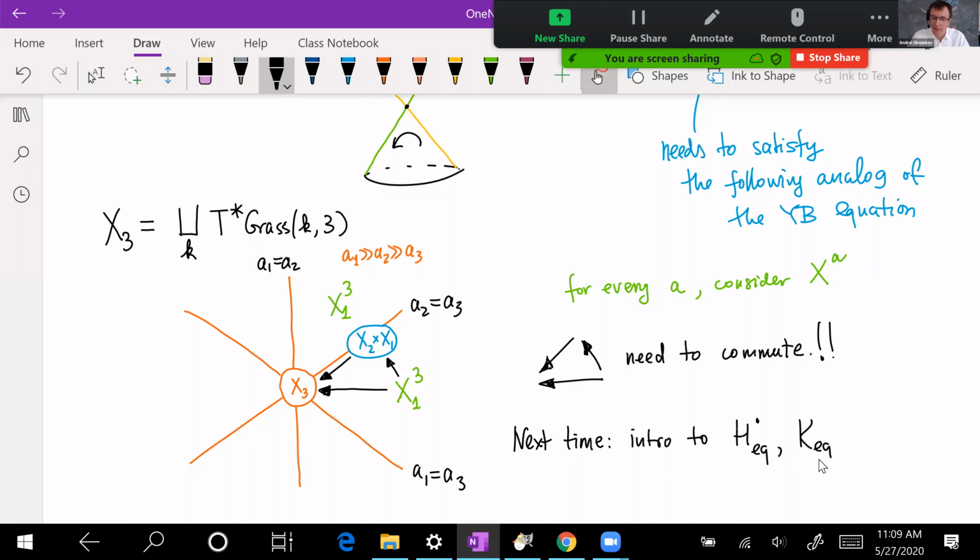So you have some big category of equivariant sheaves on the pre-quotient, and then you have a part which is stable for one stability, and a part which is stable for another stability. They both sit inside the big space.